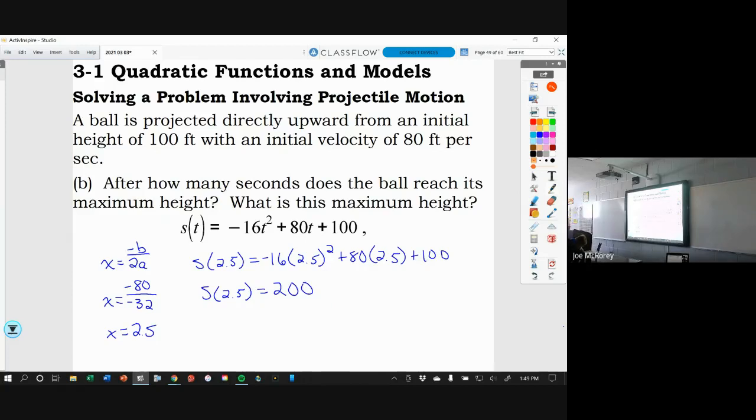Now, this question has two parts to it. It's a word problem, so we should answer a word problem with a sentence, and we can answer both questions in one sentence.